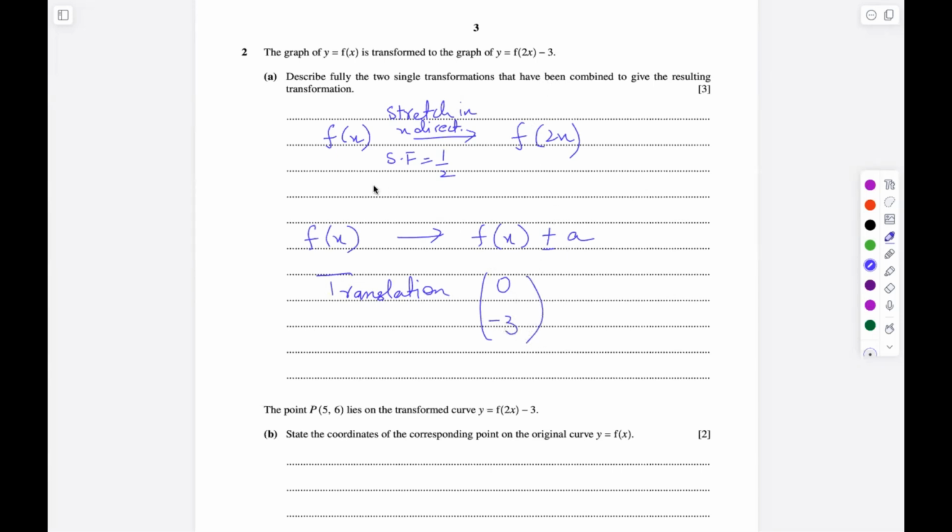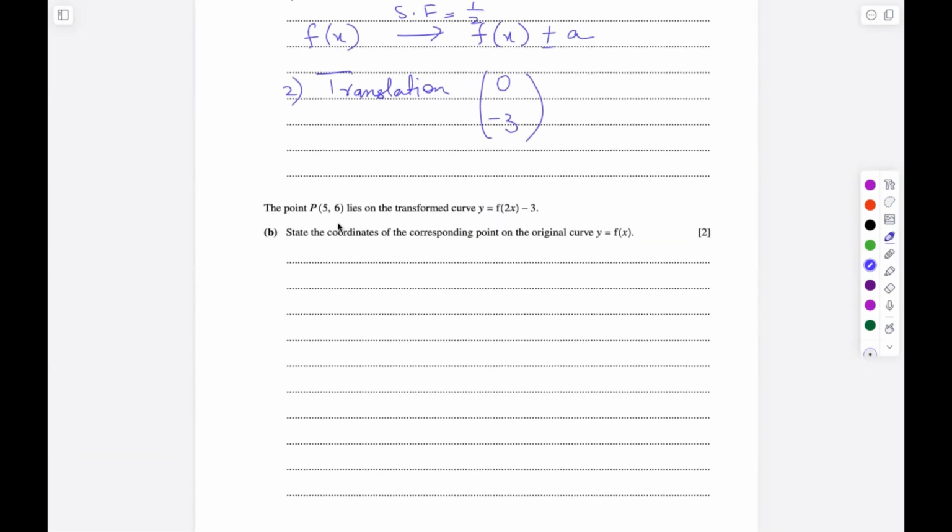So the two transformations: the first one is a stretch in the x direction with scale factor 1 upon 2. And the second transformation will be a translation with the translation vector 0 and minus 3, as there has been a movement of minus 3 units of the function in the y direction.